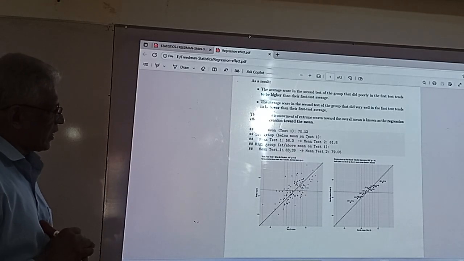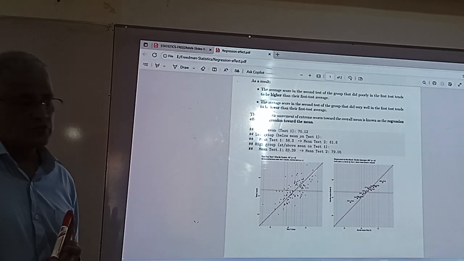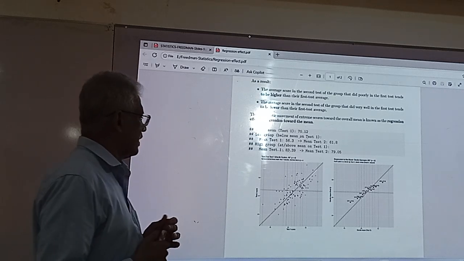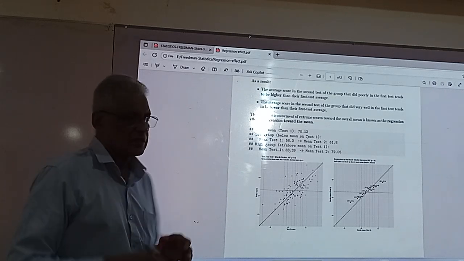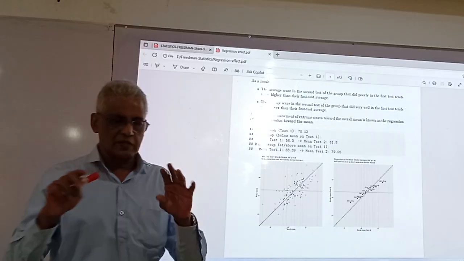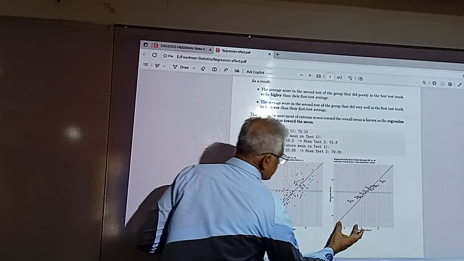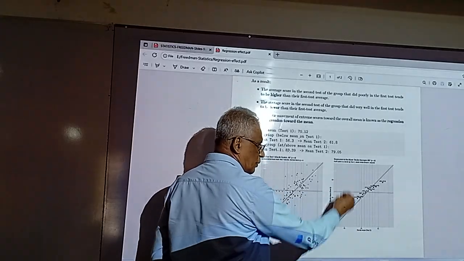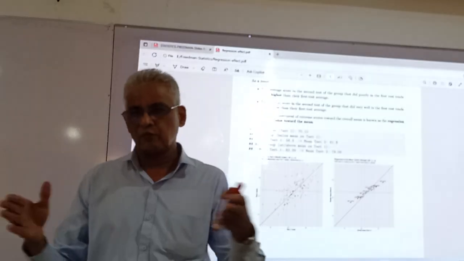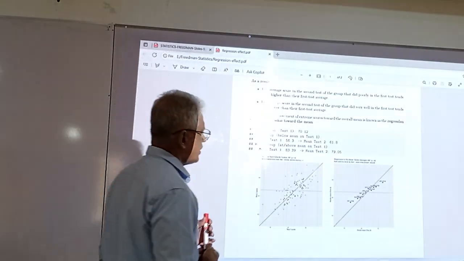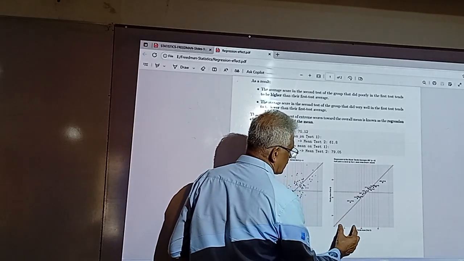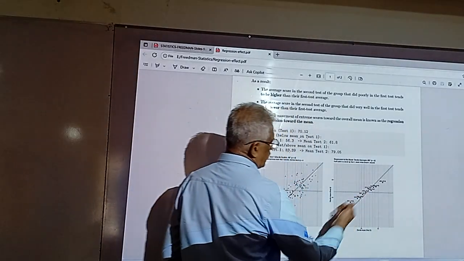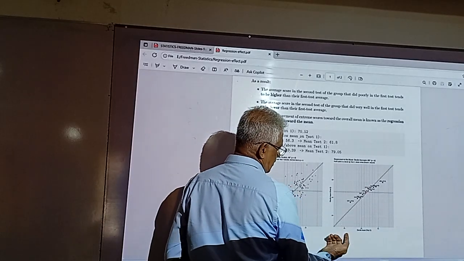So I also calculated the average values in different stripes. In this case, I didn't consider equal widths, but I considered different stripes here, a large stripe, this is a small stripe, so that the number of observations will be roughly the same within each stripe, right? So here the number of observations within this stripe is the same as the number of observations within this stripe, and so on. So these are the averages, right?